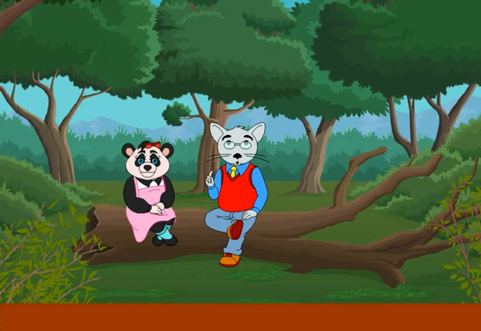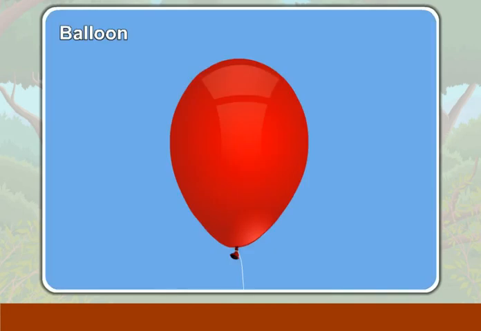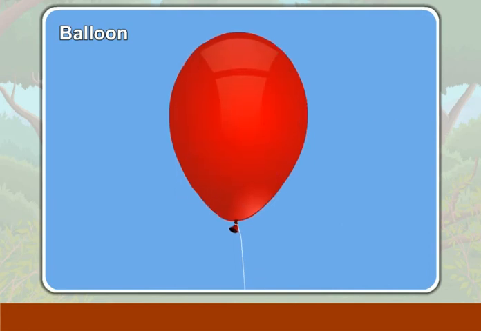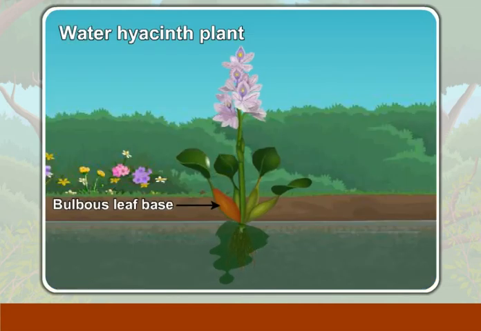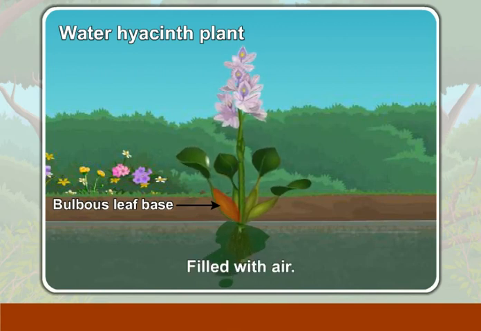Do you know why the water hyacinth has a bulbous leaf base? Well, let me tell you. You all know that a balloon filled with air is very light. It goes up into the air, doesn't it? The bulbous leaf base of the water hyacinth is also filled with air.